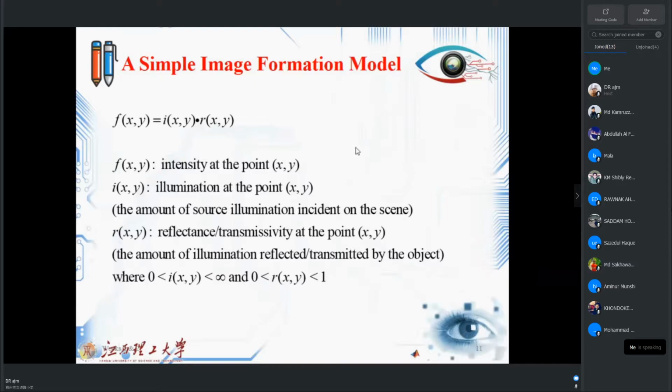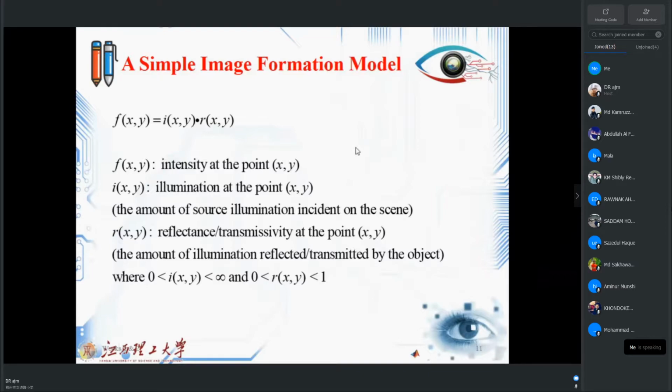This is one part. And this illumination should have some mathematical relation with the reflectance or transmissivity at any point of x and y, which is the amount of the illumination reflected by the object.